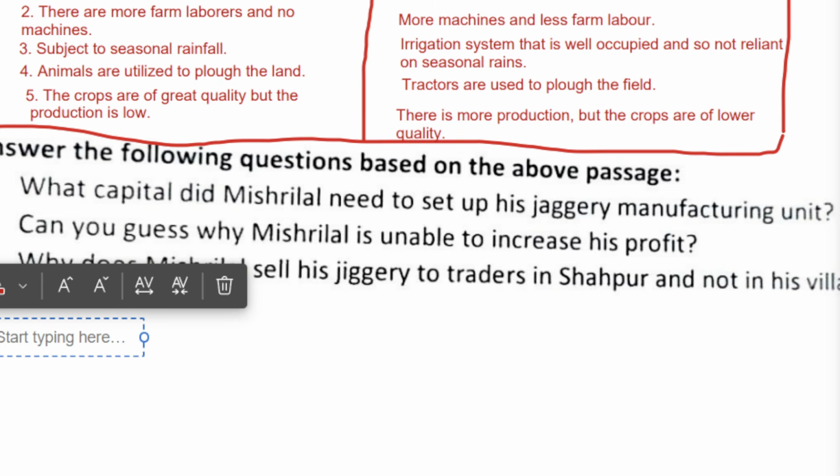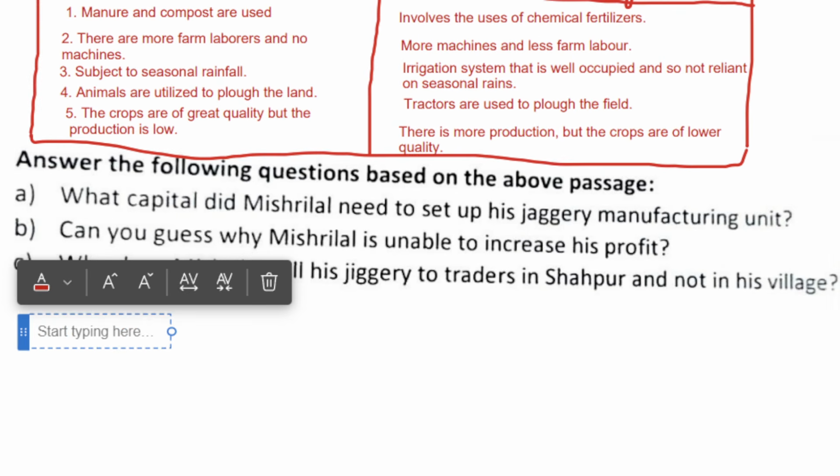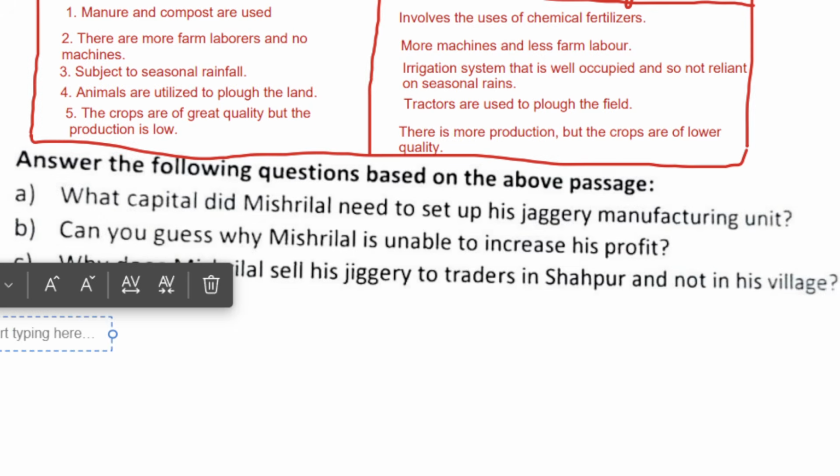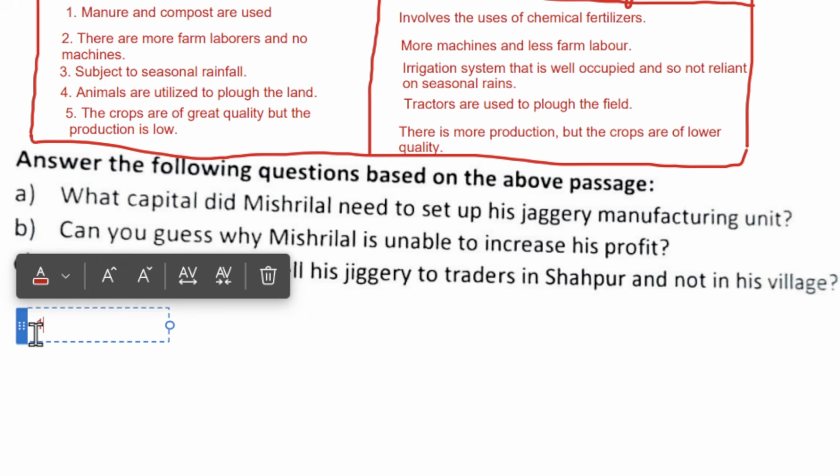Okay, 1 minute, student. I think now it will be visible. I will write it here, 15th. I think this will be visible now. I can increase the font little bit.